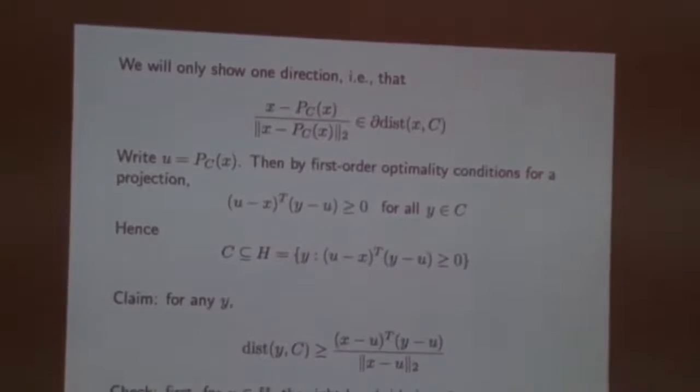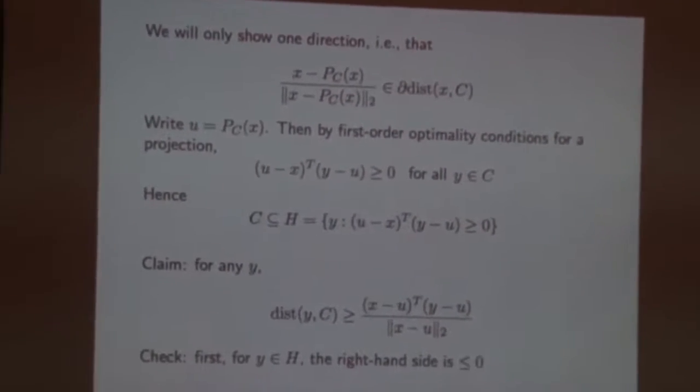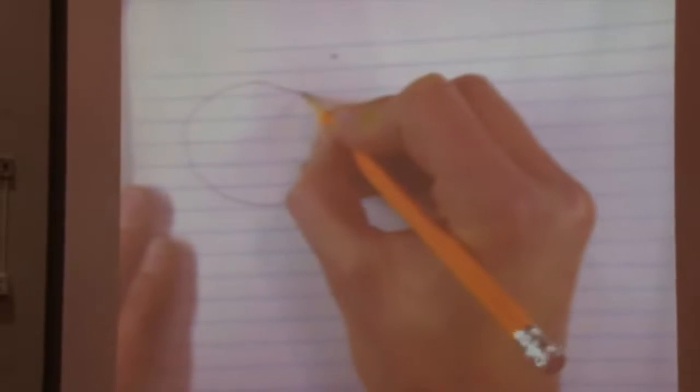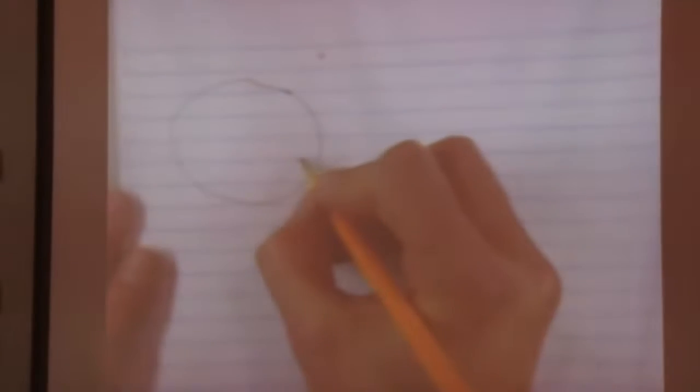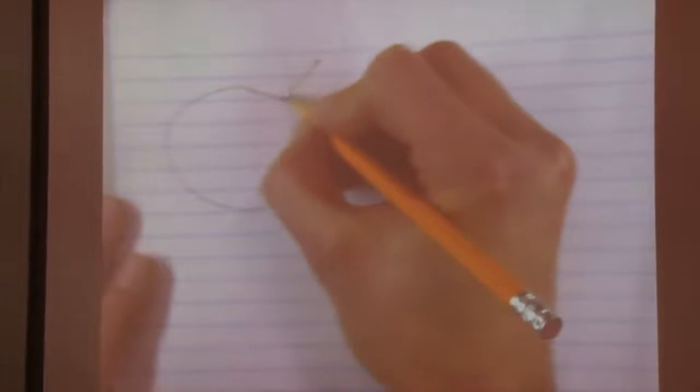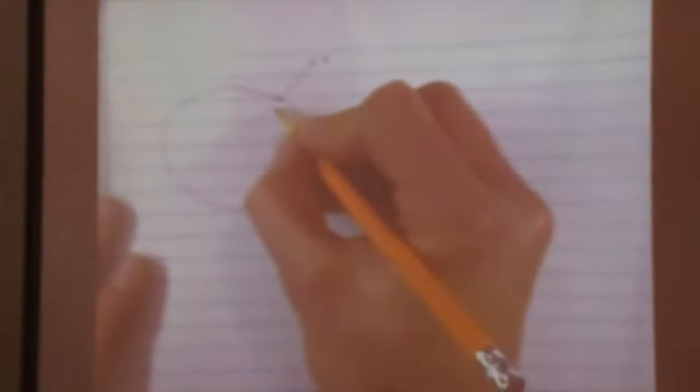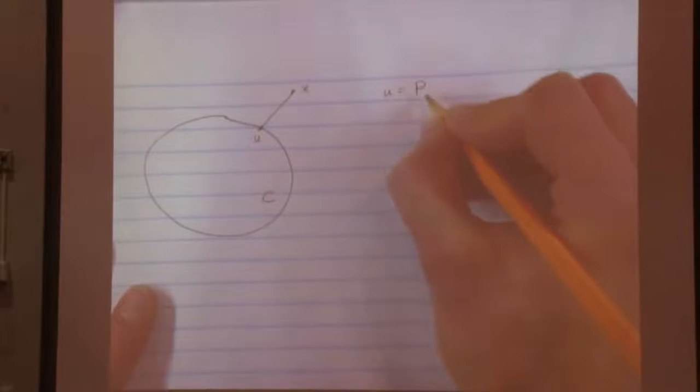Okay, so the first thing I'm going to do is define the element of C, assuming that C is closed, the element of C that lies closest to x. I'm going to call that U, and U is going to be the projection onto C of x.